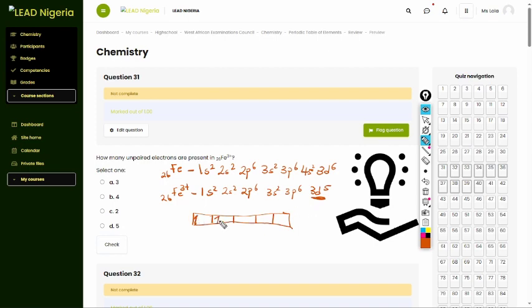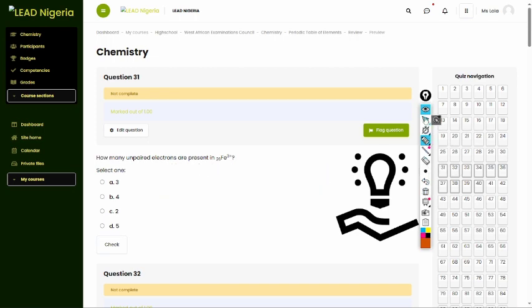So 1, 2, 3, 4, and 5. We stop there because it contains only 5 electrons. So each of those 5 electrons is unpaired, meaning that the number of unpaired electrons is 5. So the correct answer would be D. There are 5 unpaired electrons in Fe3+.